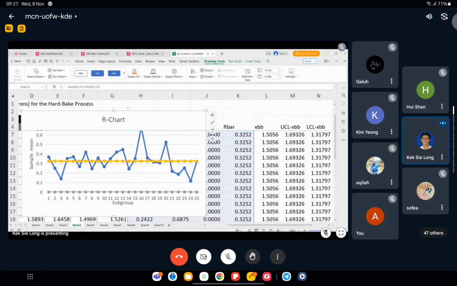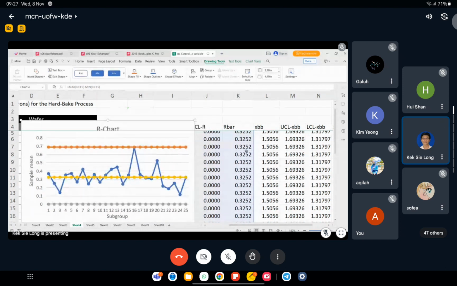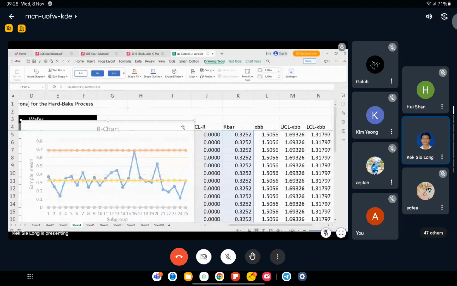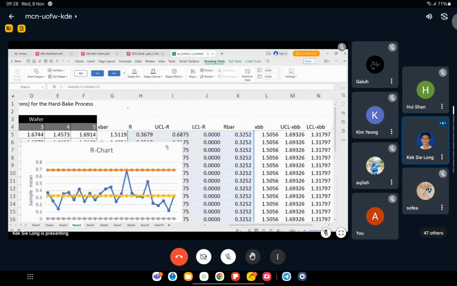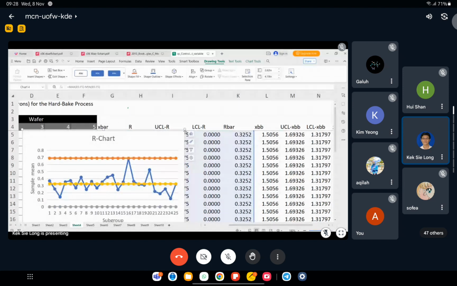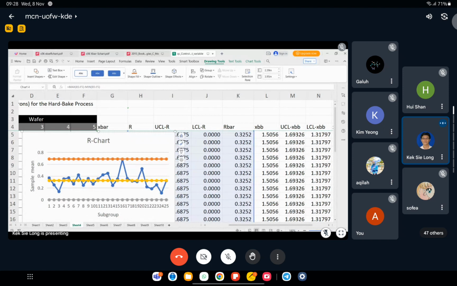You only see 2 lines, right? Can you get the R chart?